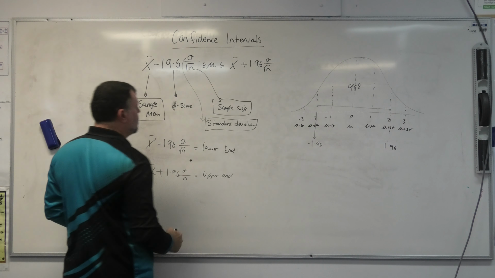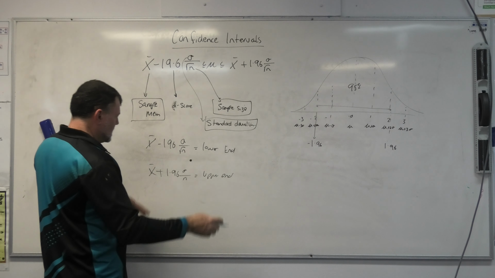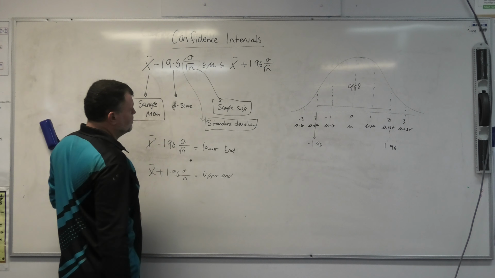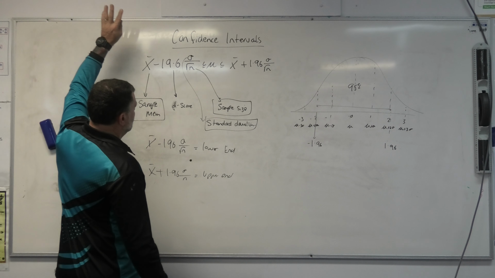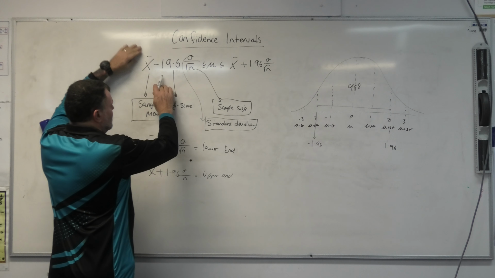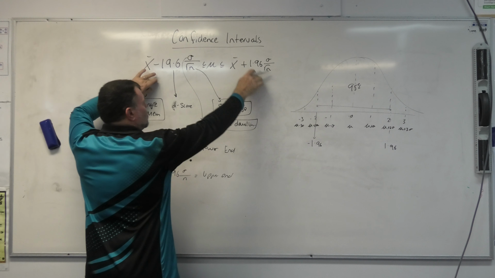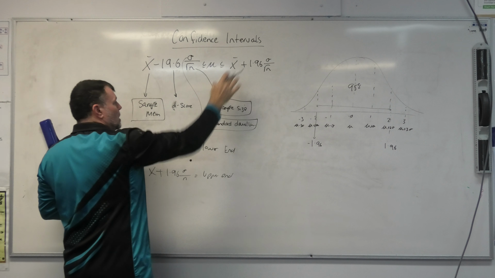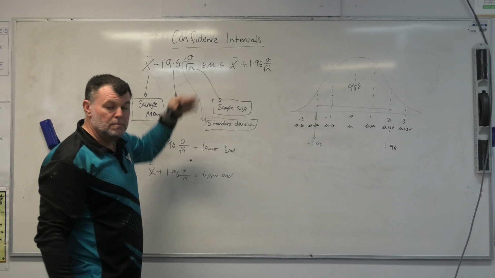So essentially, when we're looking for a confidence interval, we're getting a lower value and an upper value that would be below or above the mean or the midpoint.